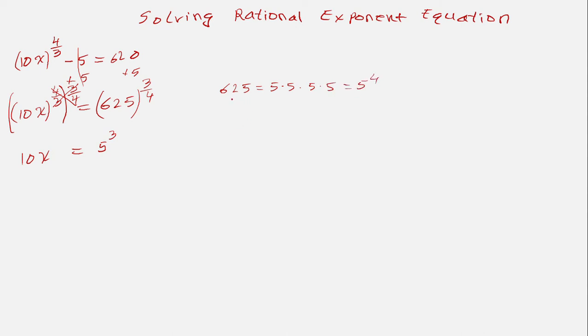So the 4th root of 625 is 5. Okay, so let's copy this down because we shouldn't be dividing yet. And then 5 cubed is 125.